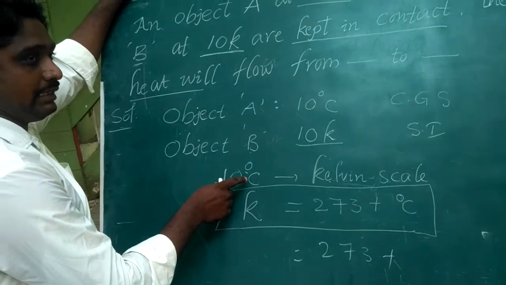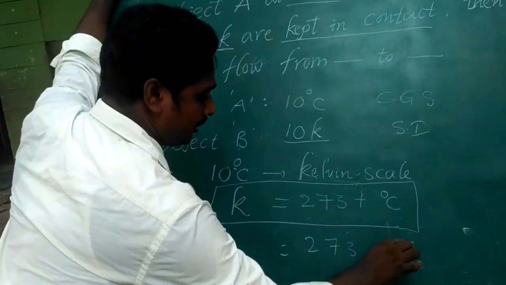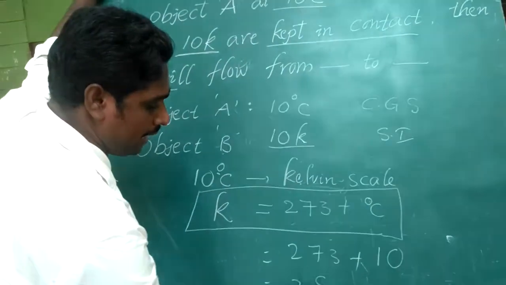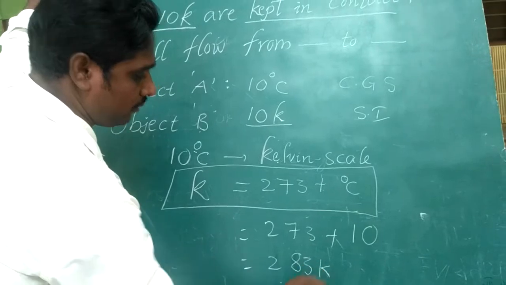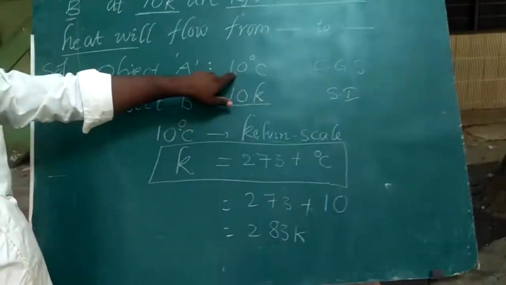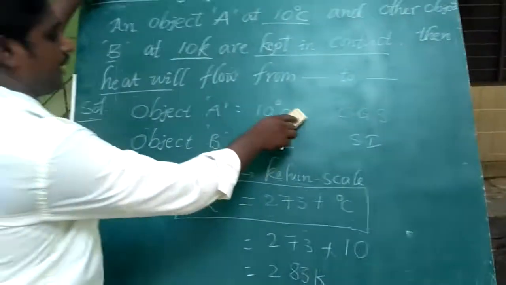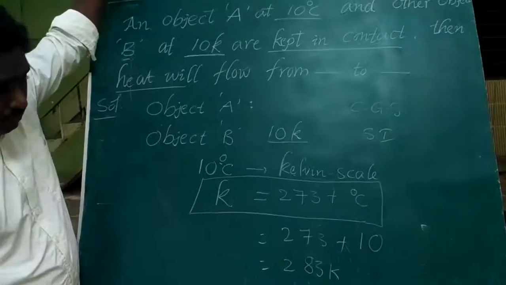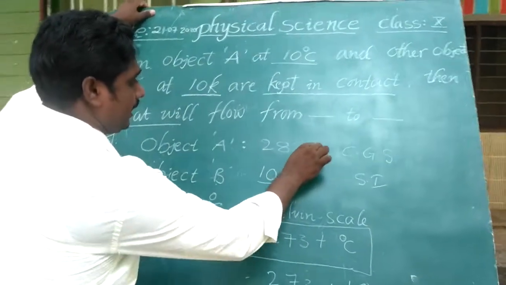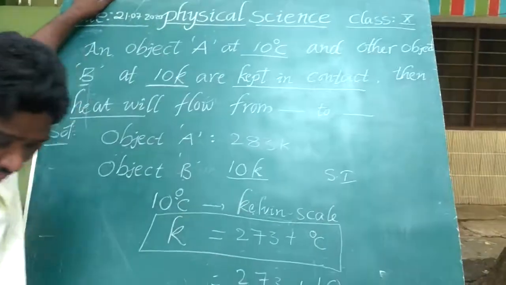Here the temperature in degrees Celsius is given as 10 degrees. Hence, substituting 10: 273 plus 10 is equal to 283 Kelvin. Now we replace 10 degrees Celsius with 283 Kelvin. Here both units are expressed in a common system.